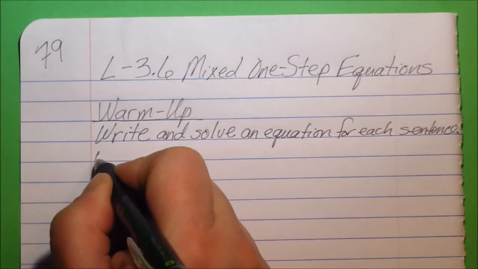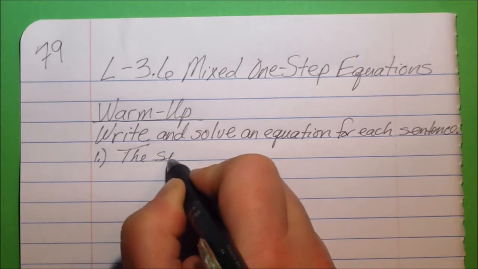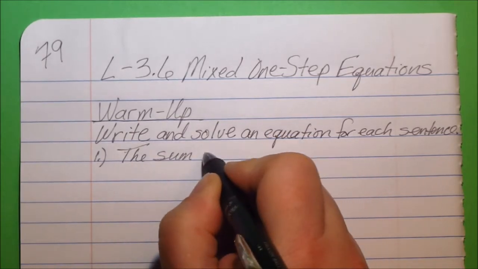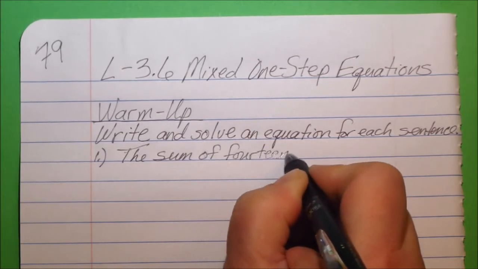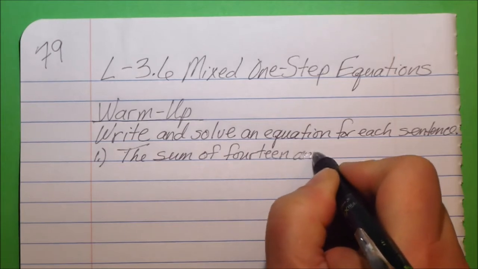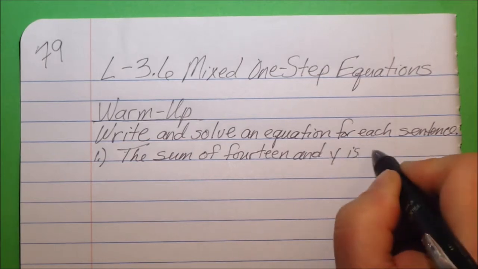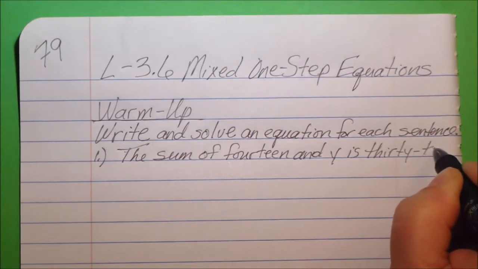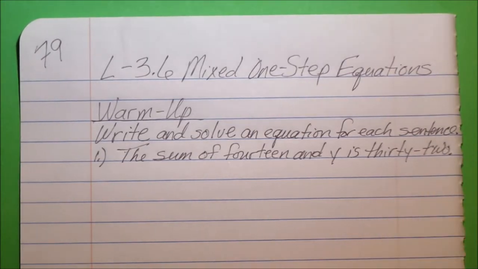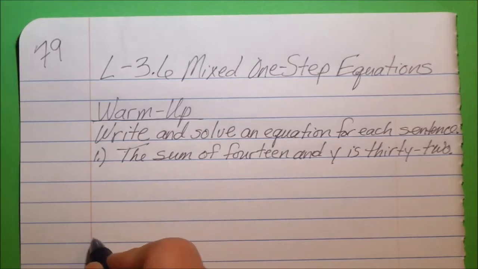And the first one is the sum of 14 and y is 32. All right, there's the first one. Gonna need some lines to make that happen, so I'll put 3 in between, I think.